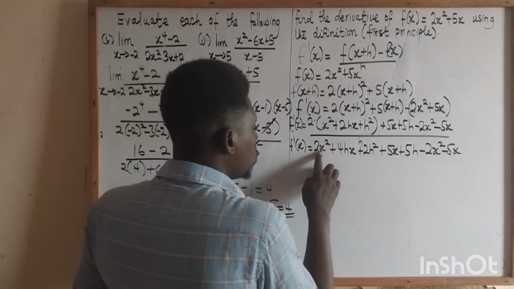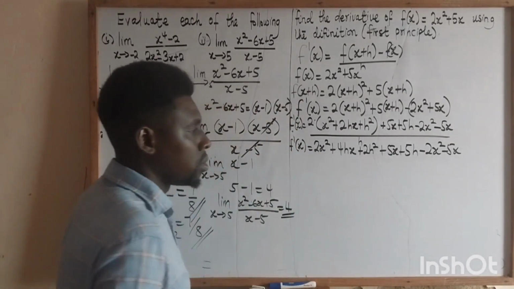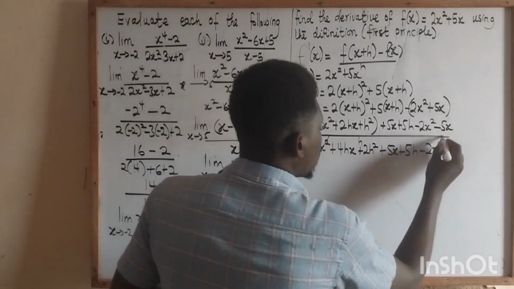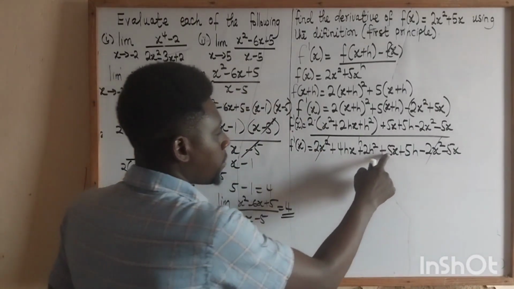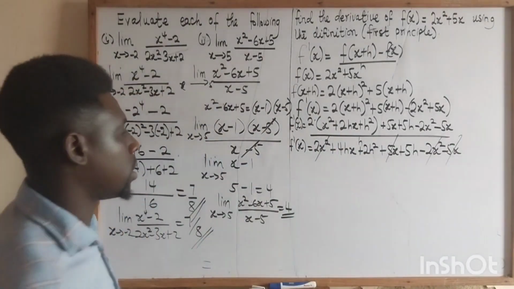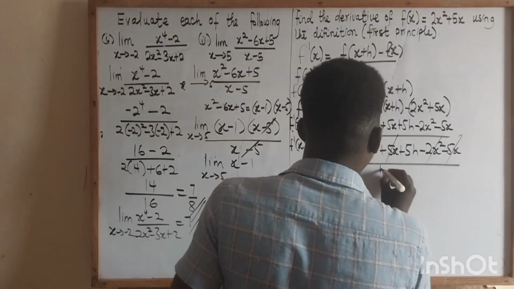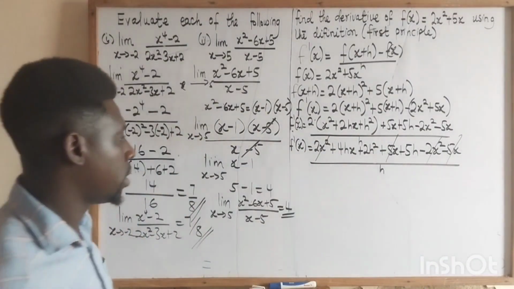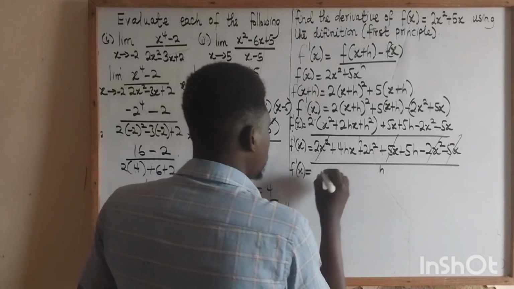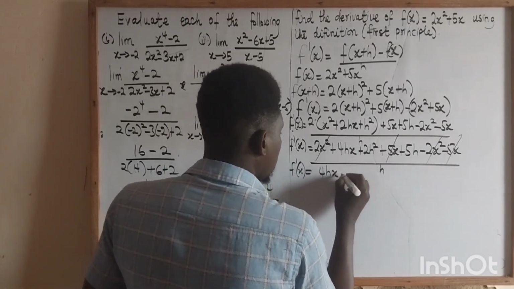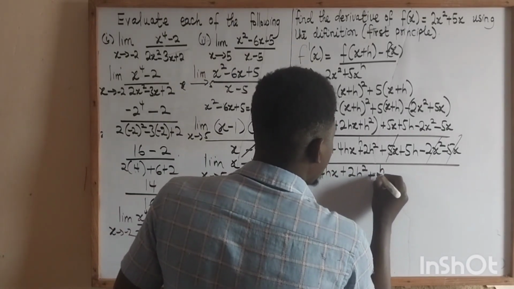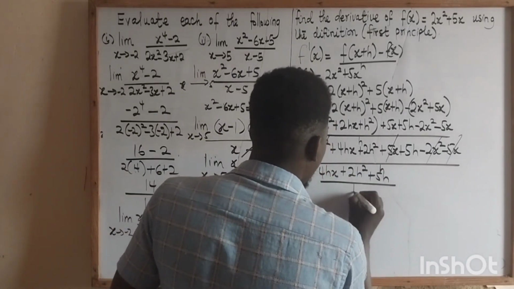You realize that 2x squared minus 2x squared goes away because it is 0. Now I have 5x minus 5x also going away. Remember this is all over h. So our new expression is 4hx plus 2h squared plus 5h all over h.